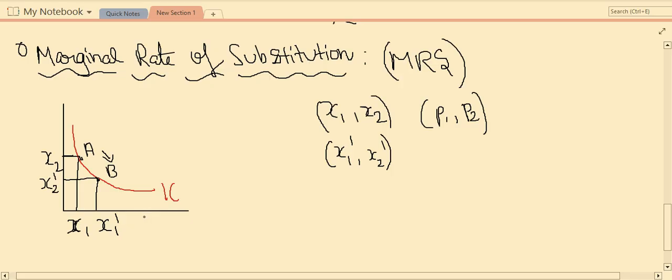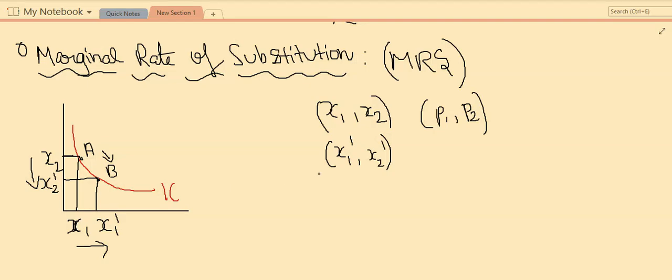It explains how much a consumer can lose of one good to gain one additional unit of another good. Like here, the consumer sacrificed some units of x2, from x2 to x2 dash, to gain some units of x1, from x1 to x1 dash. Okay, so let's begin with a simple proof.